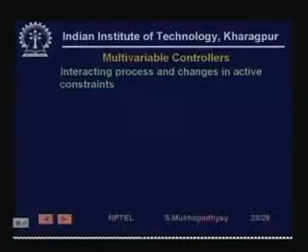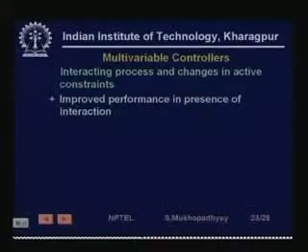On the other hand, if you have multivariable controllers, then process interactions as well as constraints are handled very seamlessly. Things like MPC, model predictive control, which are very popular in the industry today, are control methods... we did not study MPC... which are designed to handle multivariable processes with interactions and constraints.